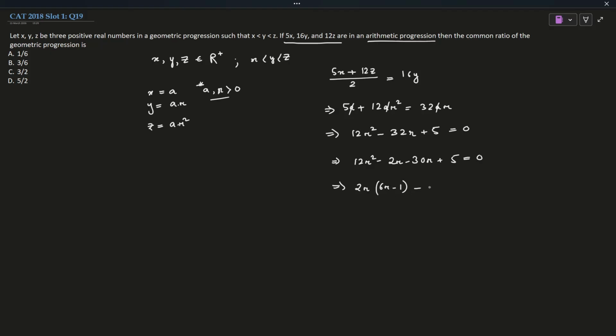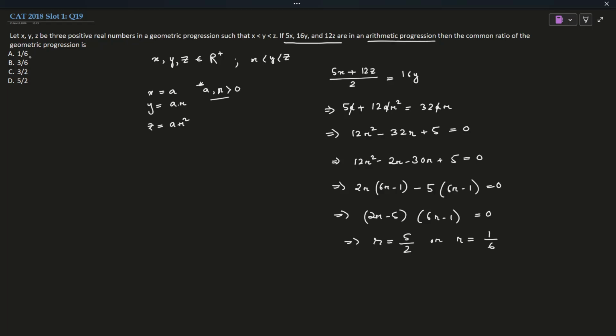And here I can take minus 5 common, I will be left with 6r minus 1 equal to 0. So from here I can write 2r minus 5 into 6r minus 1 equal to 0. From here I can say r is equal to 5 by 2 or r equal to 1 by 6, right?